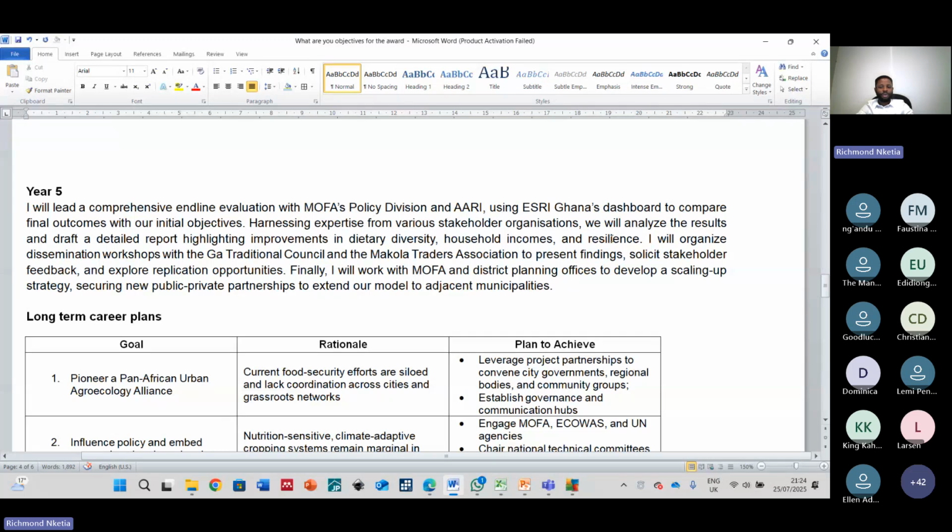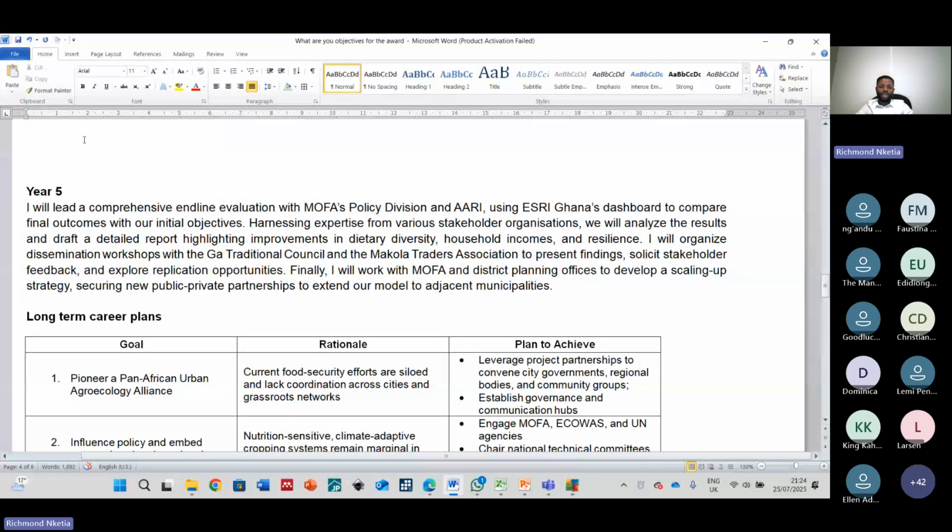You're not doing it all alone. So you bring in all these people. Those who are good at data collection will do data collection. Those who are good at analysis will do analysis. Those who are good at report writing will do report writing. Dissemination will do dissemination and all that.